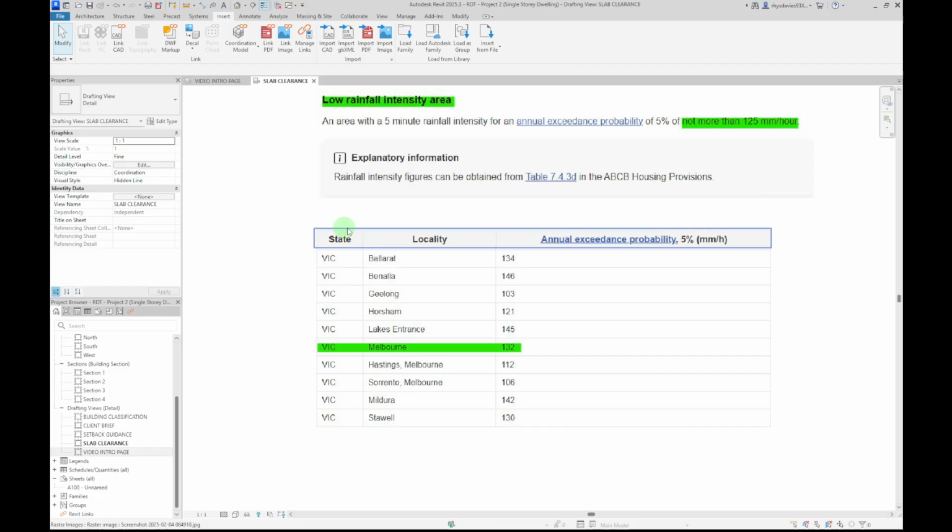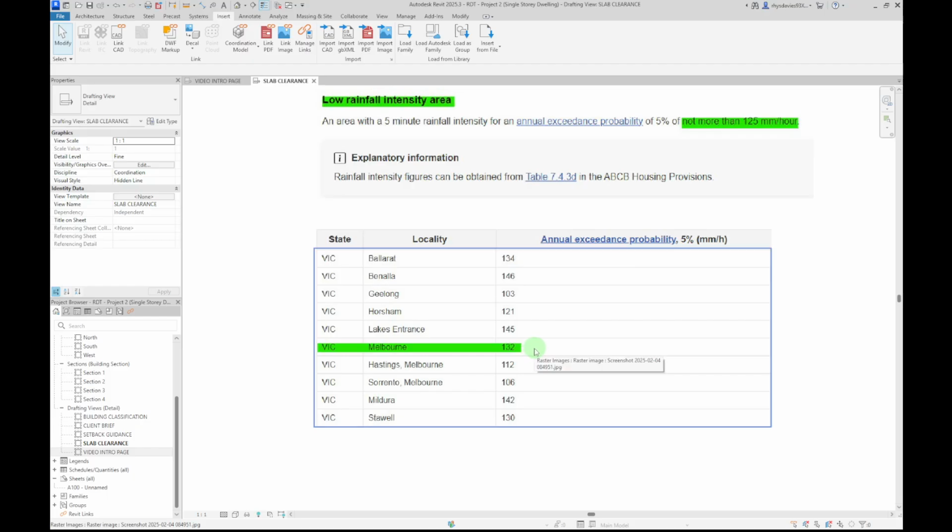This is an excerpt, just a piece of this table. I've gone to the state, which is Victoria, the locality, Melbourne, and the annual exceedance probability there is 132 millimeters.